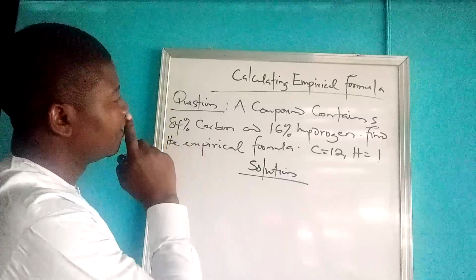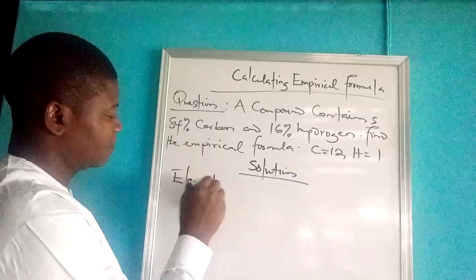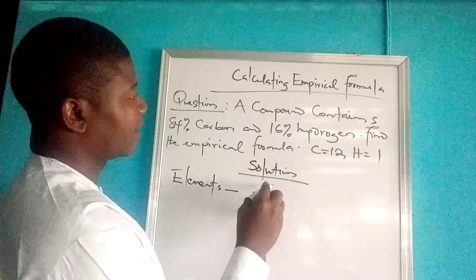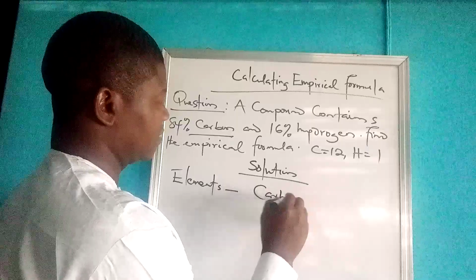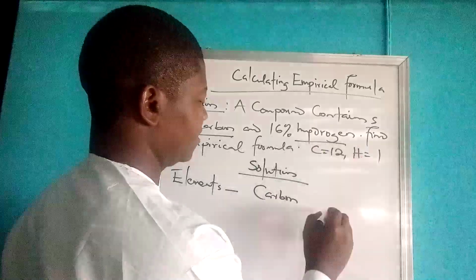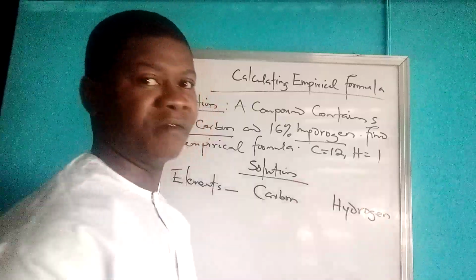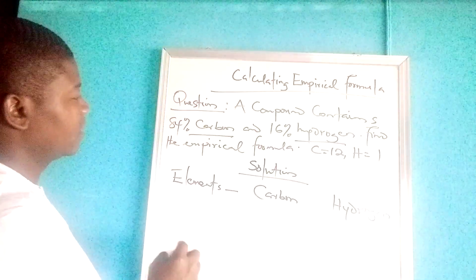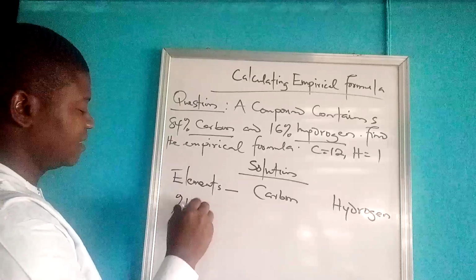Now, the elements that are involved in the compound are carbon and hydrogen. Then what are their percentages by composition?